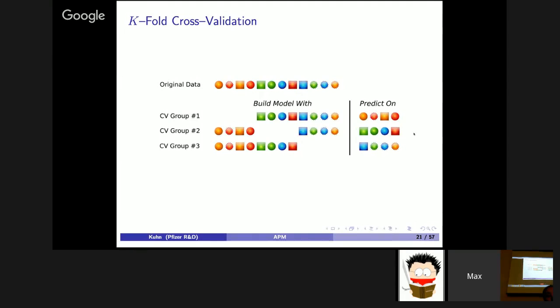And I should say, one common question I get is, we fit 3 different models here to our data in the schematic. What happened to those 3 models? And the answer to that is we throw them out. The only reason we're using the models during cross-validation is to get estimates of performance. So we never really hold on to these 3 different models. They're only created to get a good resampling estimate.